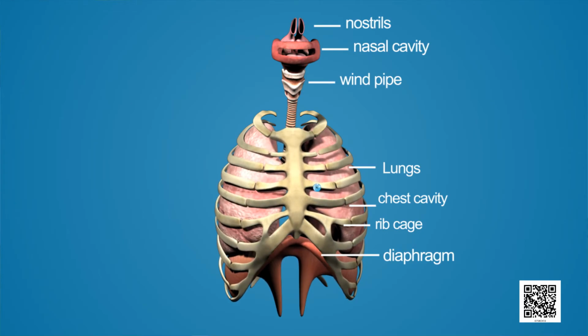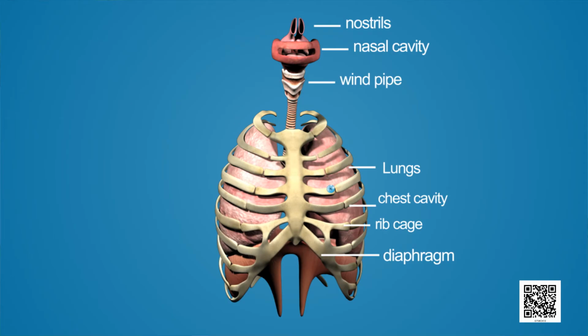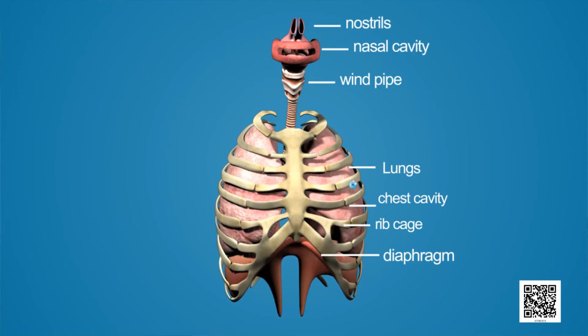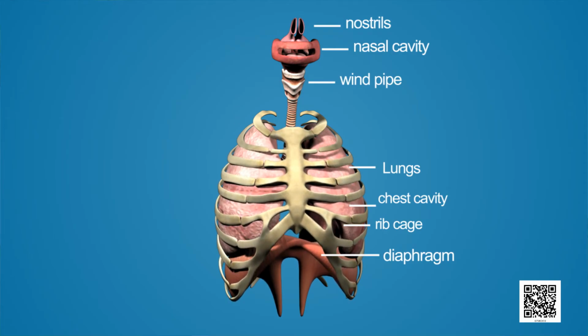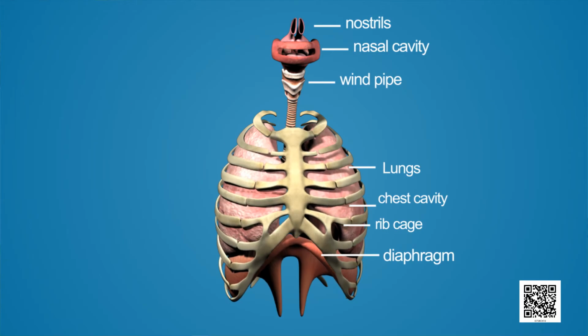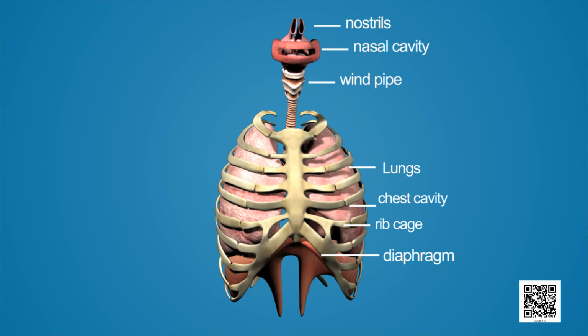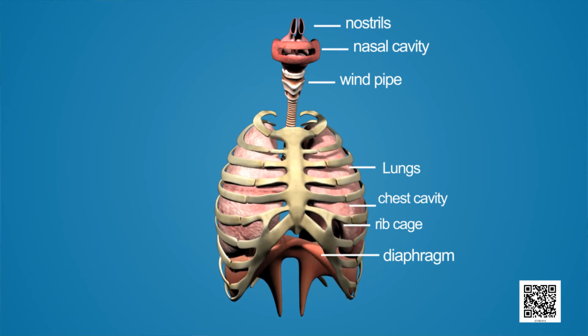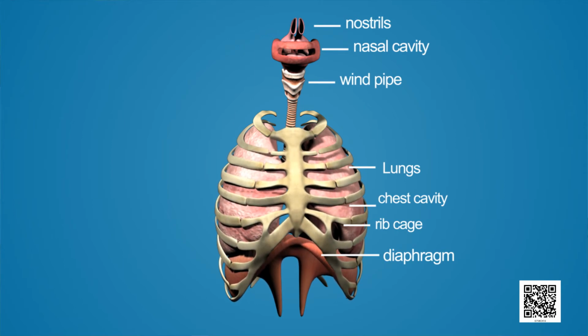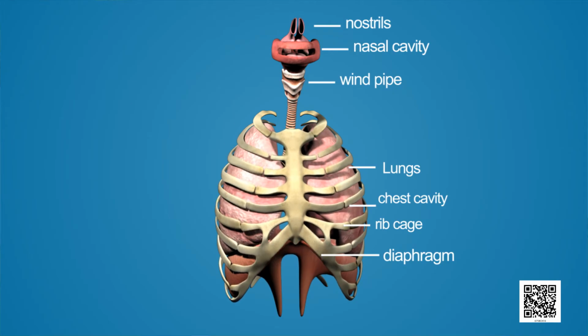Breathing involves the movement of the diaphragm and the rib cage. During inhalation, ribs move up and outwards and diaphragm moves down. This increases the space in our chest cavity, due to which air rushes into the lungs.